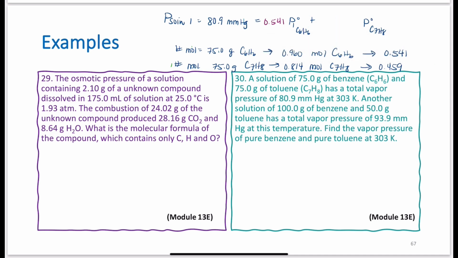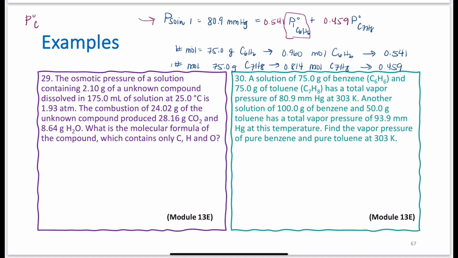I know my mole fraction here is actually 0.459. So all the partial pressures, but at least I know that. What I'm going to do is rearrange this equation specifically to solve for this. Okay, so I'm algebraically rearranging the equation.